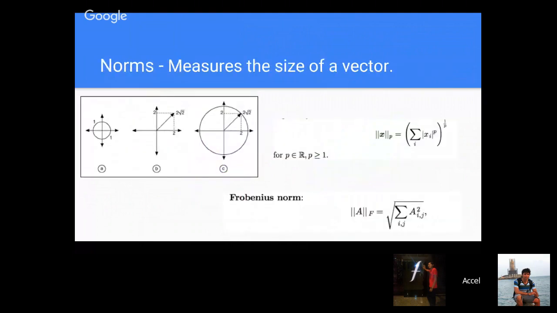The next section starts talking about norms. A norm is a function that assigns a strictly positive length or size to each vector in a vector space, except for the zero vector. That's shown in this depiction on the left-hand side. It starts going into what a Euclidean space is.